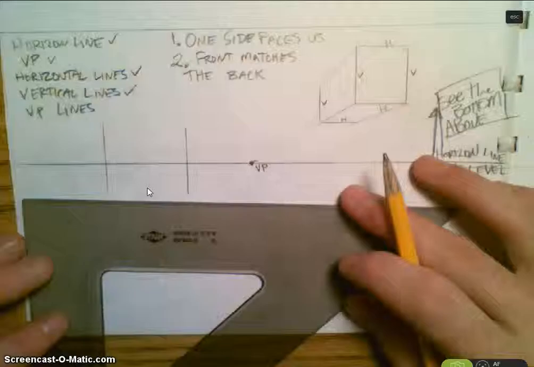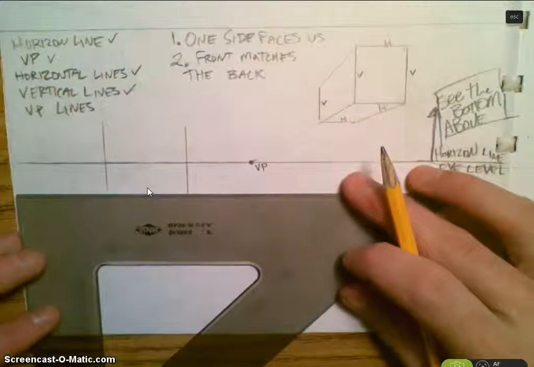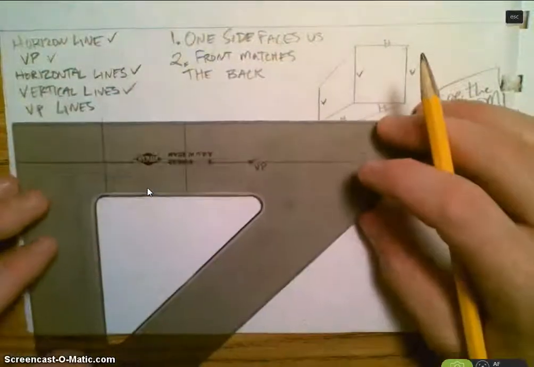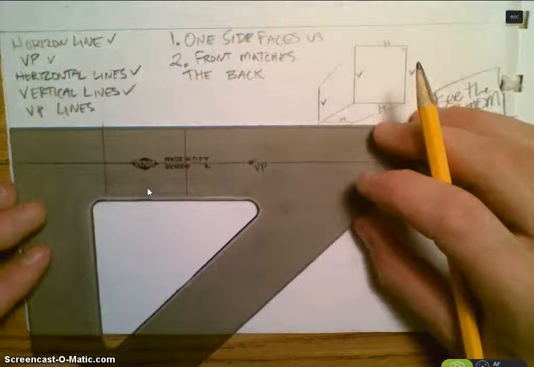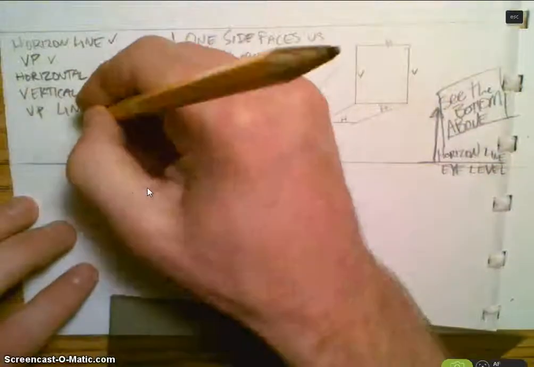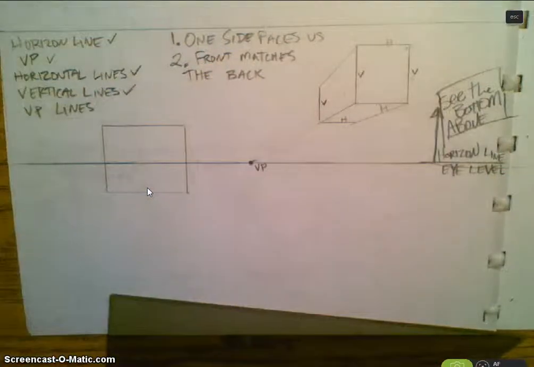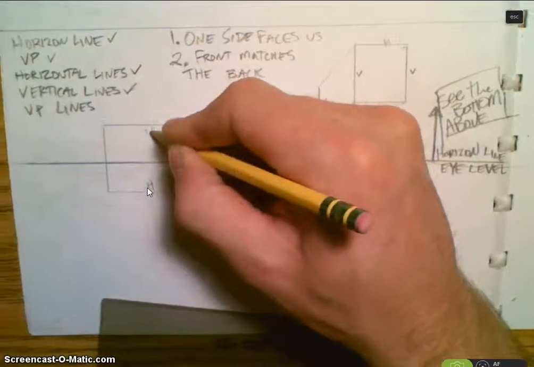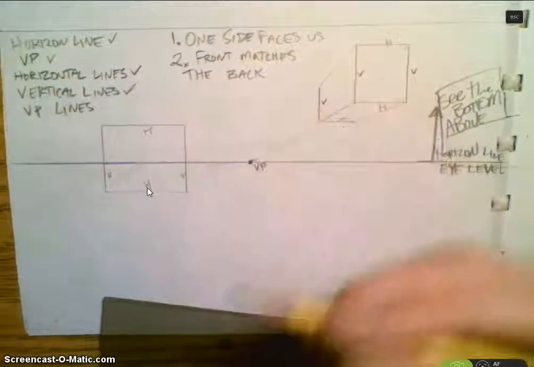And then I'm going to put in my horizontal line connecting these. Just like that. I want to label these H and V for vertical and horizontal.